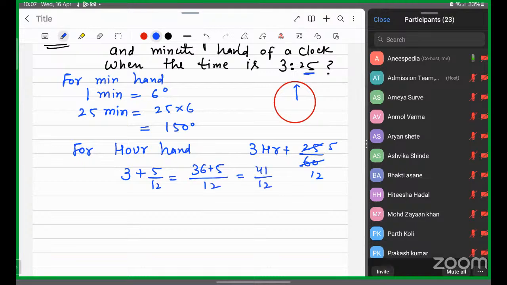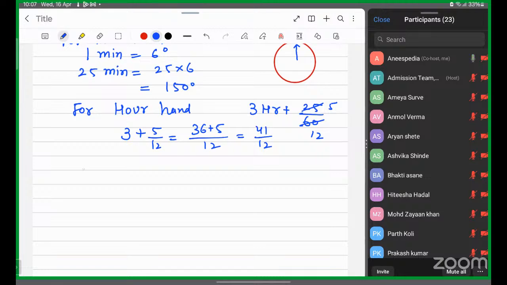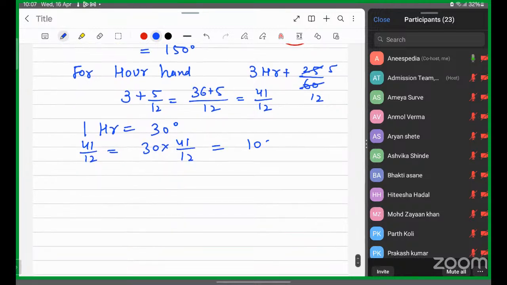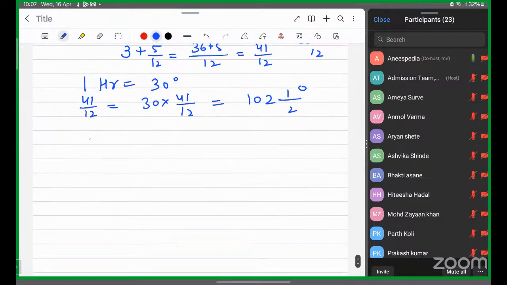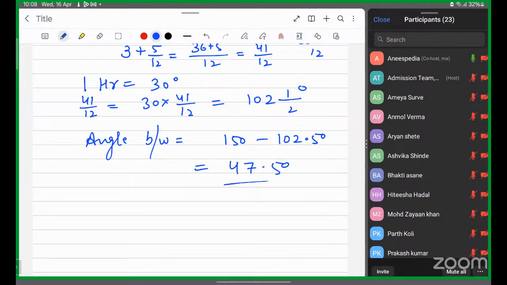The hour hand travels in 1 hour how much degree? In 1 hour, it travels 30 degrees. So in 41 by 12 hours, it will travel 30 into 41 by 12, which will give 102.5 degrees. So the angle between them will be 150 degrees minus 102.5 degrees, and this will be 47.5 degrees. Understood?